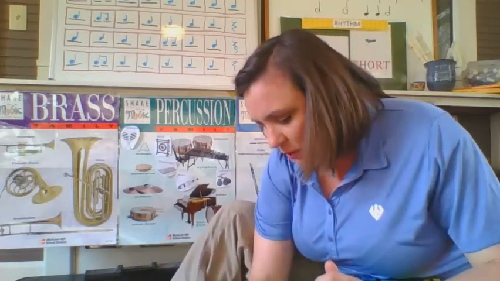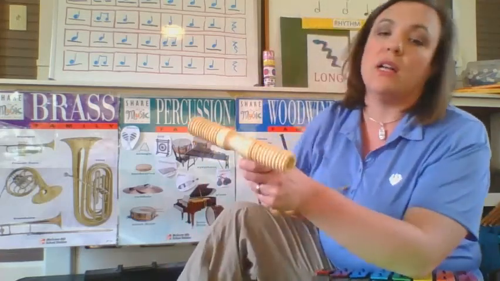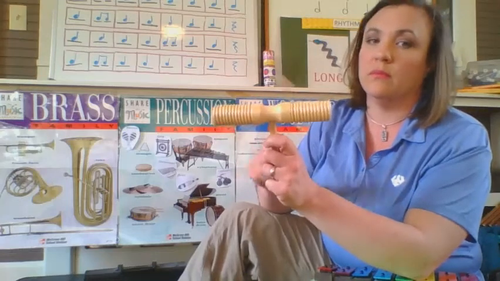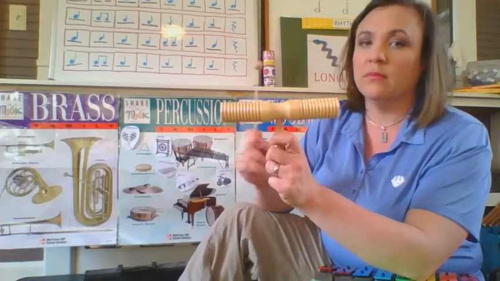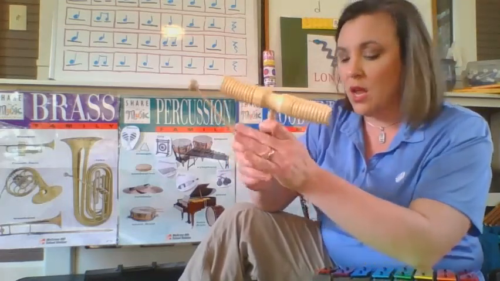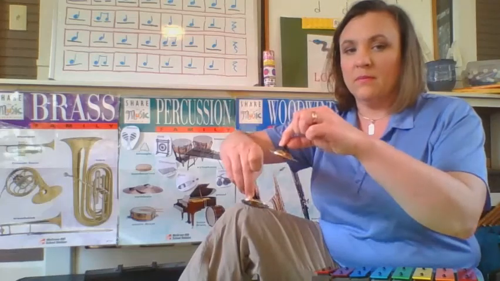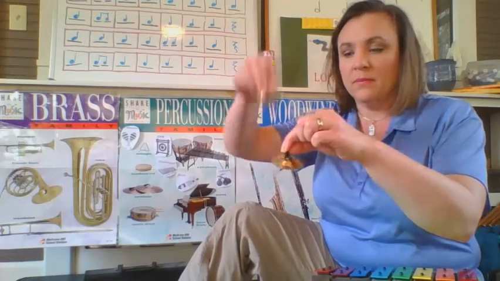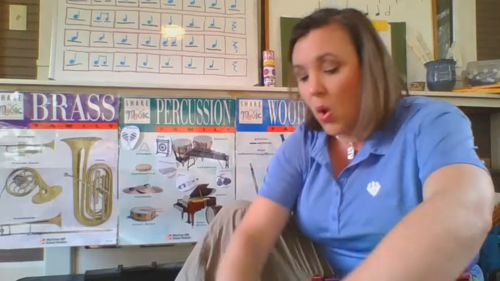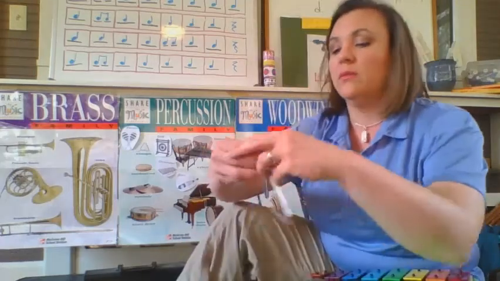An example of a wood sound would be a wood block. An example of a metal sound might be these finger cymbals. Or the triangle.